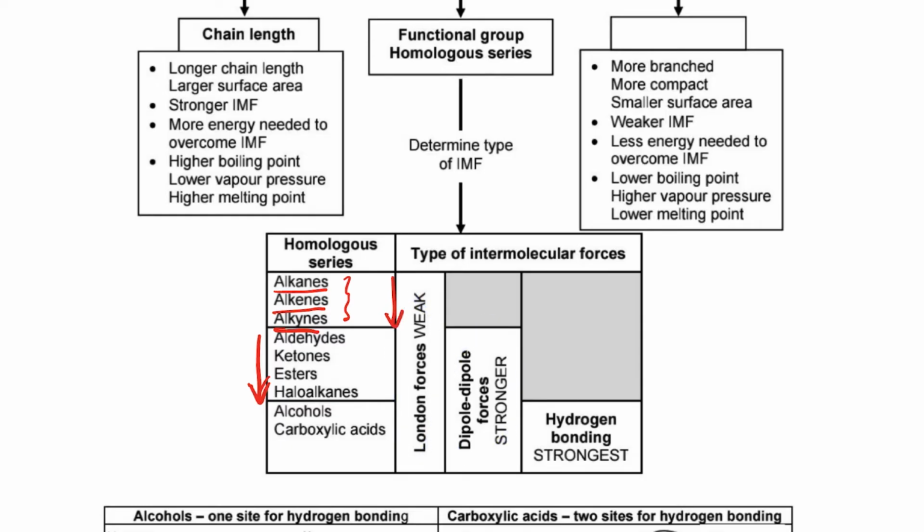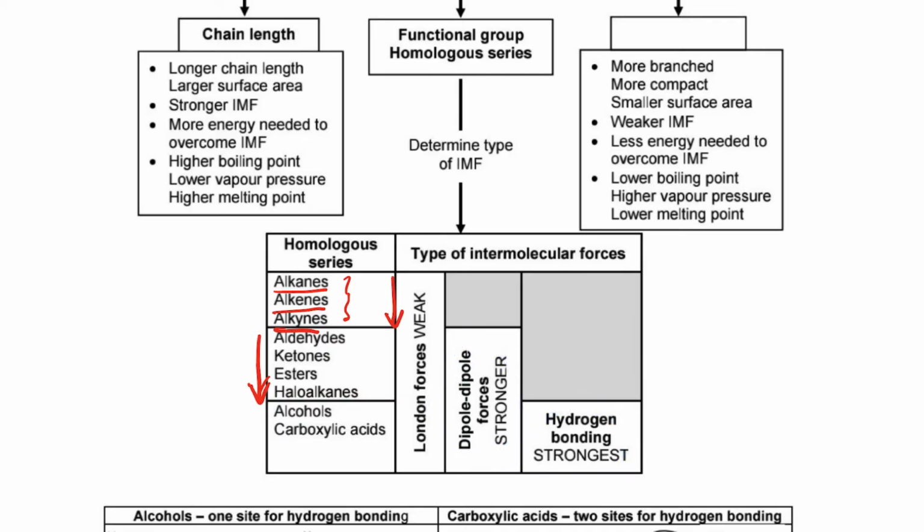And then lastly, we have the alcohols and the carboxylic acids. Remember guys, I said the strength increases this way. Alcohols and carboxylic acids have their London force, but in addition, they have a dipole, and that type of dipole is the hydrogen bonding, right?